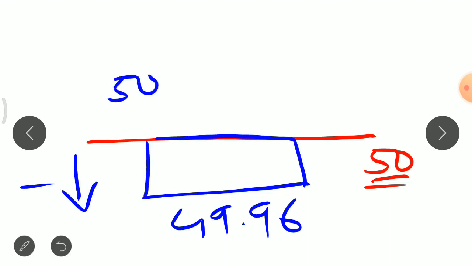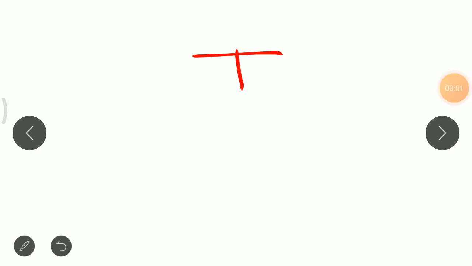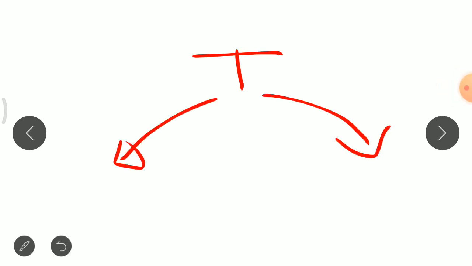When we join them together, this zone is called the tolerance zone, and this zone is on only one side, so we call such tolerance unilateral tolerance. In this way you can differentiate between the two tolerances, unilateral and bilateral.